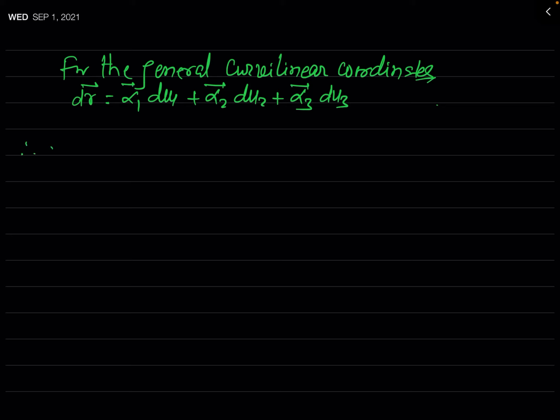And so in this case, ds square will be equal to dr dot dr, and when you take the scalar product of this vector with itself, what will be your result? You can see easily.